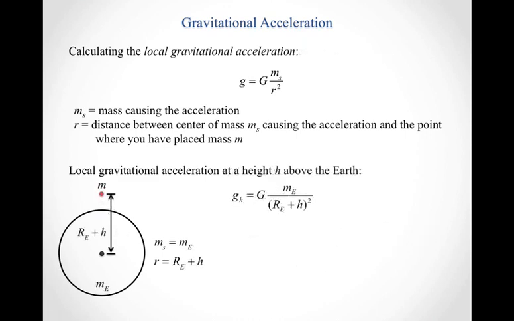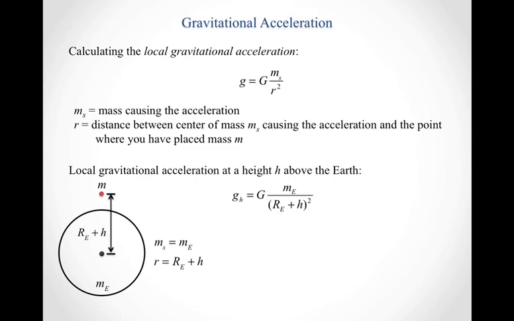As an additional example, what if I want the local gravitational acceleration not on the surface of the Earth, but at some significant height above the surface of the Earth? Part of what this lets you do is play around with how gravity changes as you go higher and higher off the surface. When you compare gravitational acceleration at sea level versus at the top of Mount Everest, how different are those?